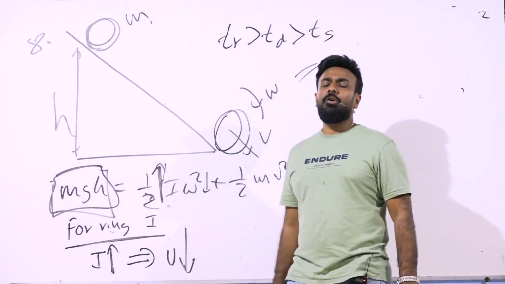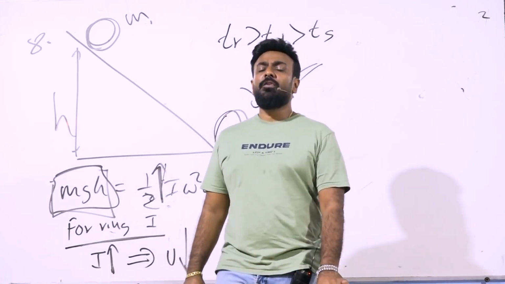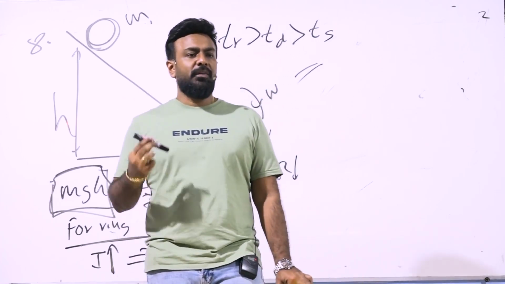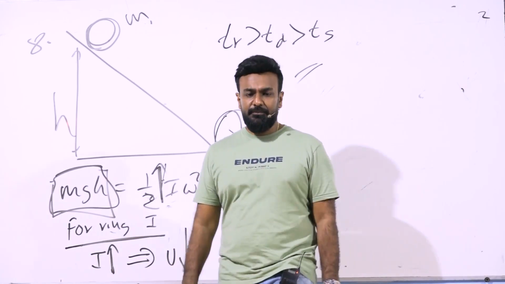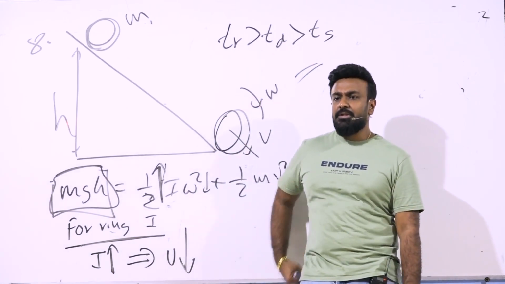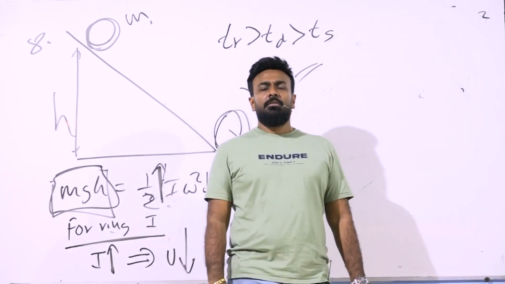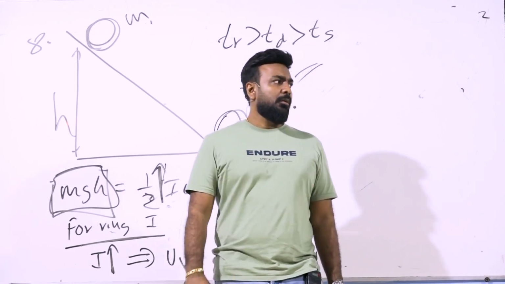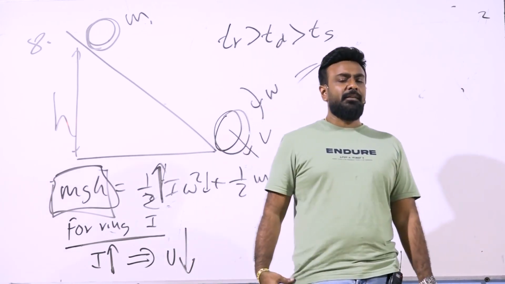Statement: all the 3 bodies have the same gravitational potential energy. But I is greatest for the ring.